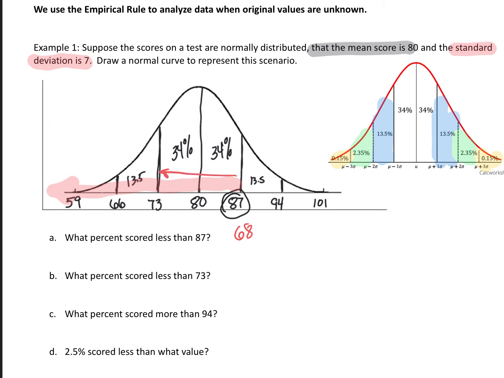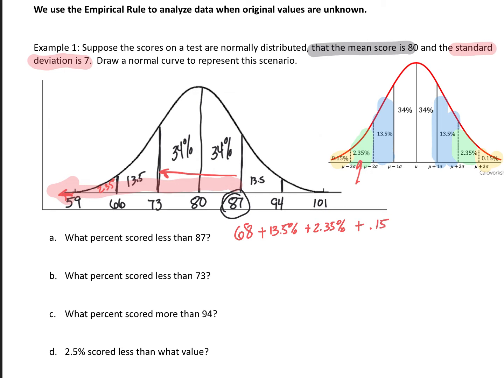We take another step, and that will add another 13.5%. We take another step, and if we look at our table right here, this is going to be 2.35%. So we add 2.35%. And then the last, that's our deviation below the third deviation, would be plus 0.15.